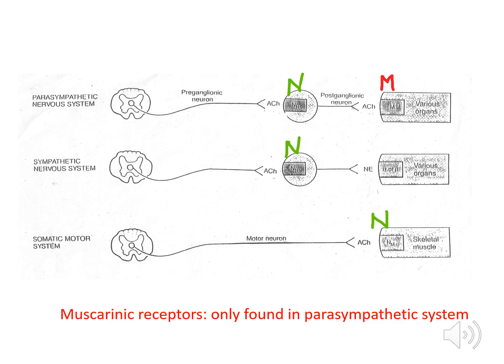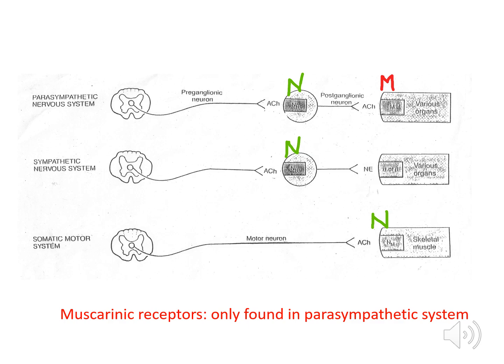And of those 4 places, 3 of them have nicotinic receptors. So all 3 of these systems have nicotinic receptors. Only one of those 3 systems has muscarinic receptors. The only place that you have muscarinic receptors is at the synapse between the postganglionic nerve and the target tissue in the parasympathetic division. So if we're talking nicotinic receptors, it could be any of these three divisions that we're talking about.